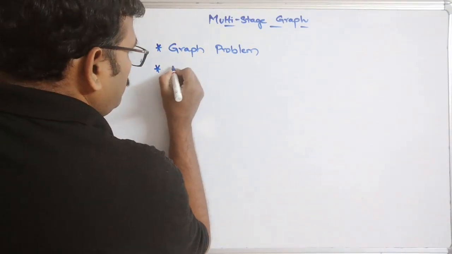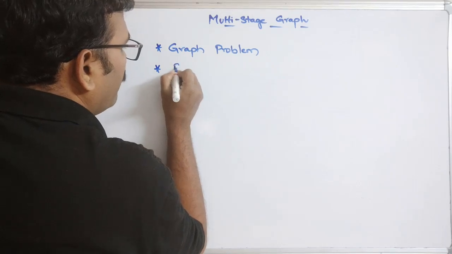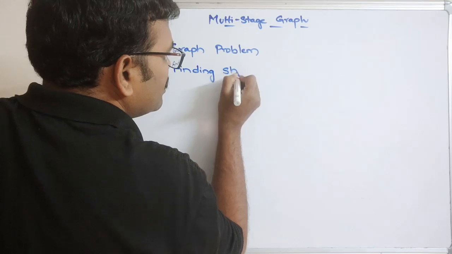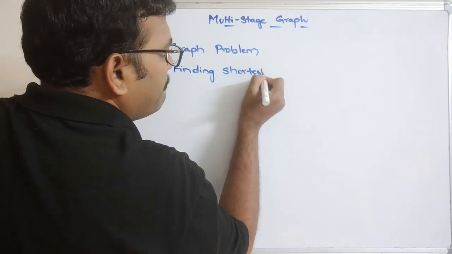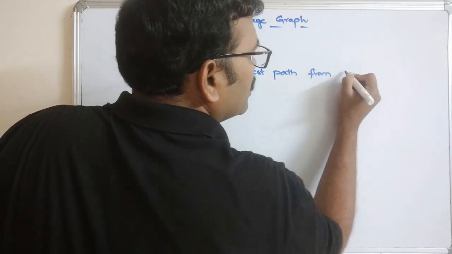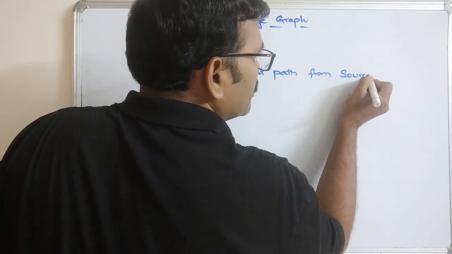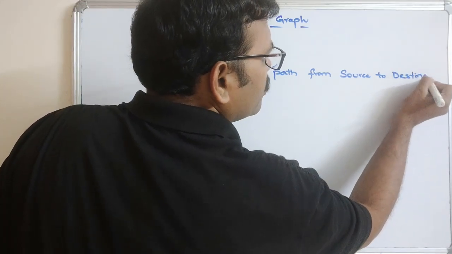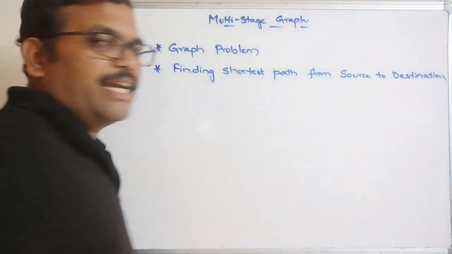So finding shortest path from source to destination. Here we are having a few constraints.